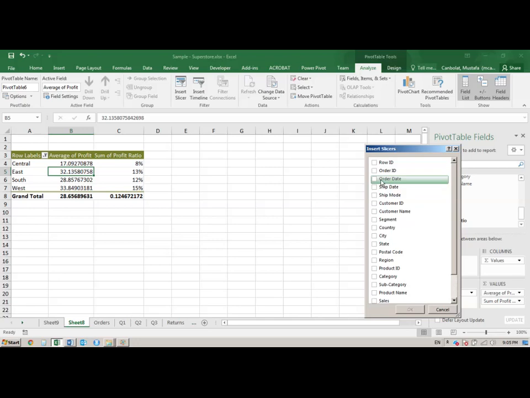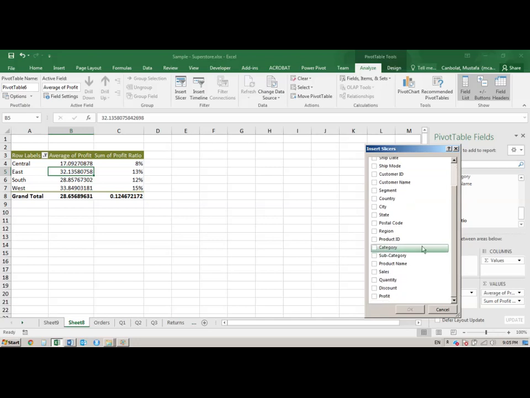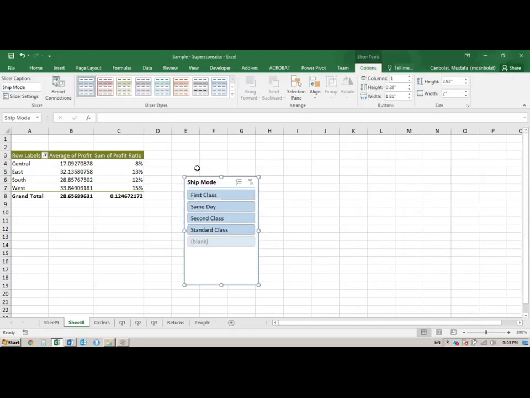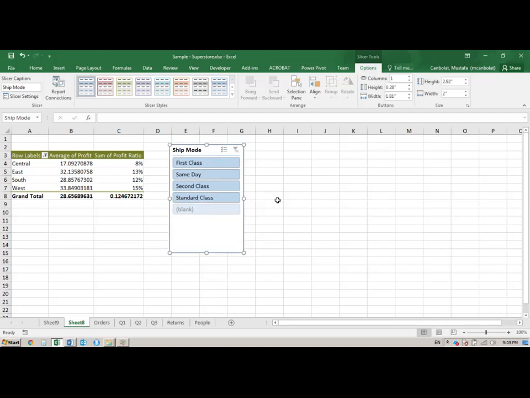The slicer filters based on a given categorical variable. I'm going to look at the ship mode, and I want to put a slicer on the ship mode, and the slicer comes here. As you can see, we filtered the blank, that's why it's not selected. Now these are the profit ratios.